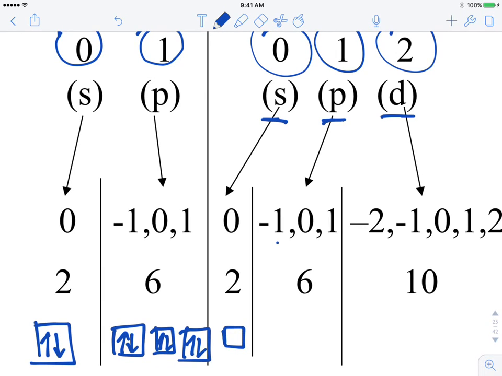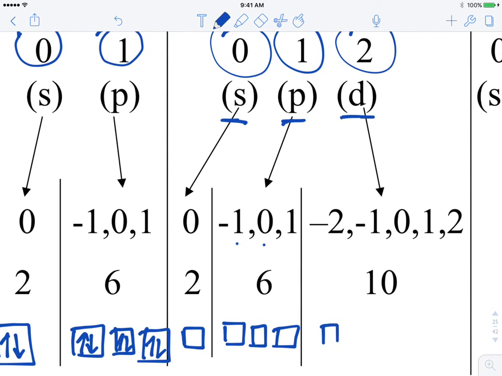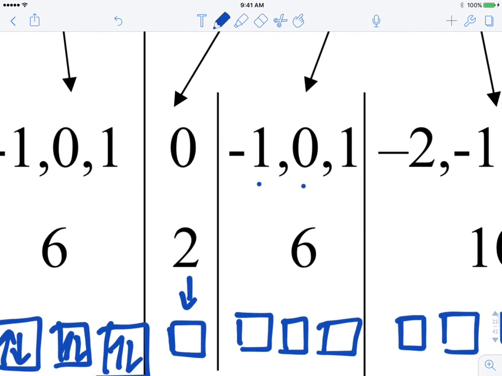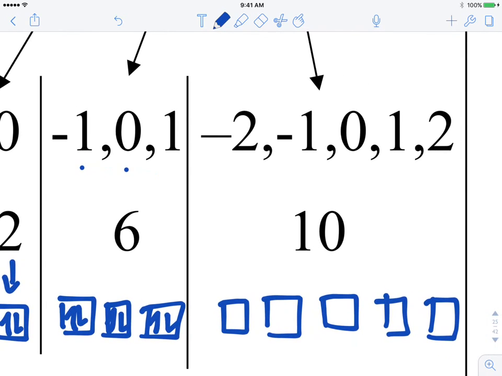P, negative 1, 0, and 1, would have 3 orbitals. D, plus or minus 2: negative 2, negative 1, 0, 1, and 2, that is 5 orbitals. The number of electrons is 2, 6, and 10 for D.